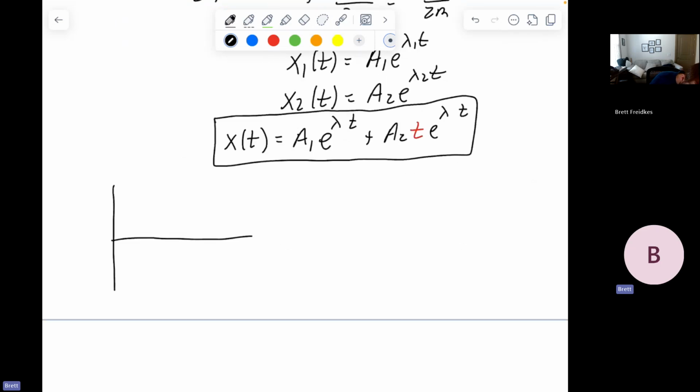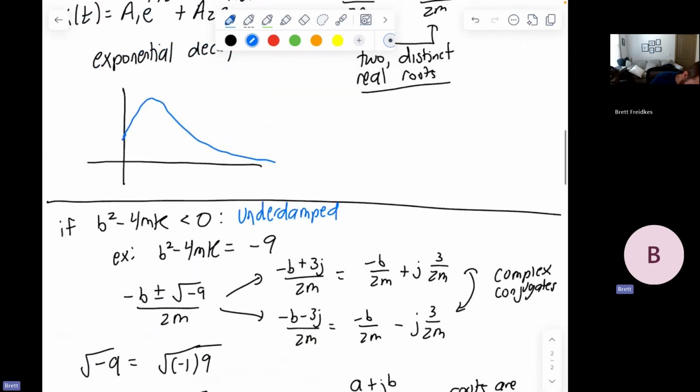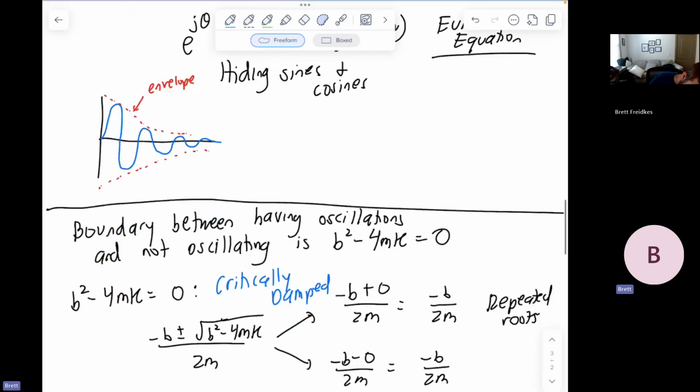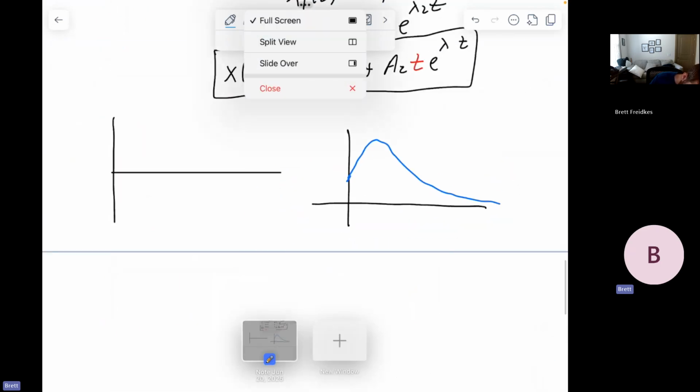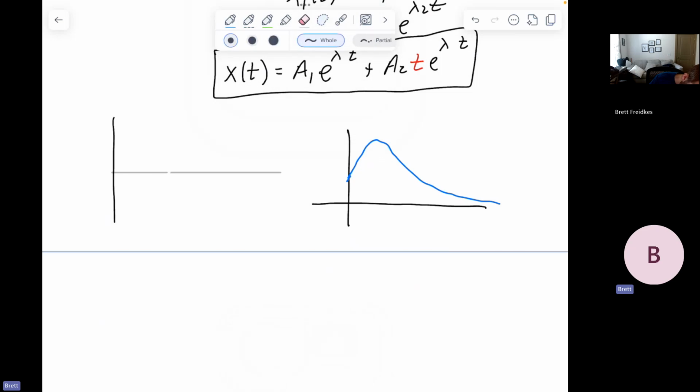And this will decay. If we come back to the overdamped case, I'm going to copy and paste this down. This will decay similar to the overdamped case, except it will decay much faster. So maybe it does something like this.